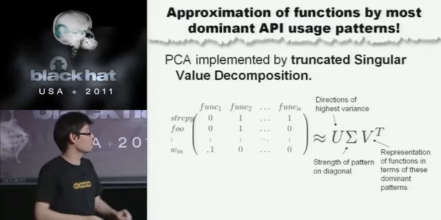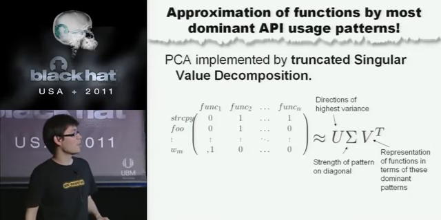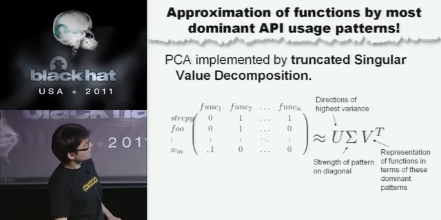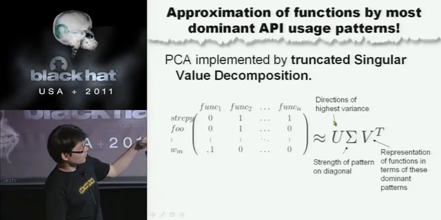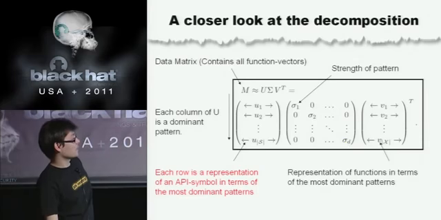So we take the function vectors, and we align them in a matrix. And now we want to approximate this by a representation of the functions multiplied by the directions of the highest variance. And this contains the strength of these directions of highest variance, so the strength of the pattern. So this is the same formula, and this shows what we get from doing this decomposition.